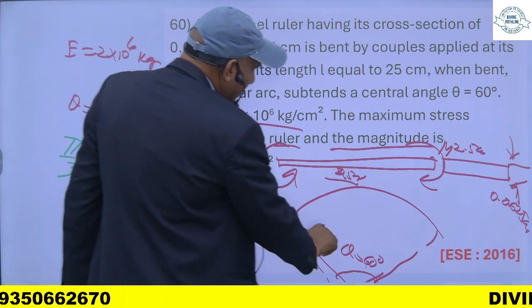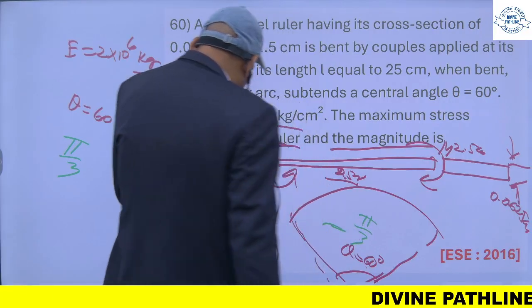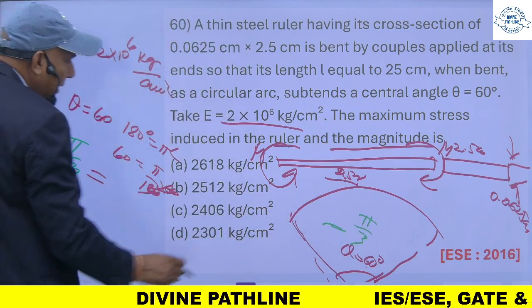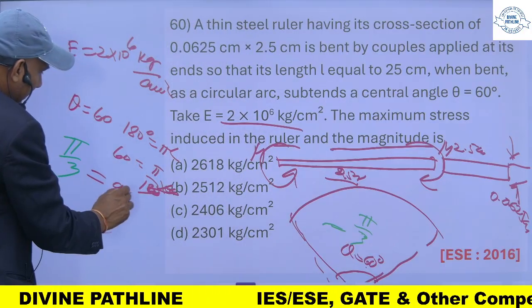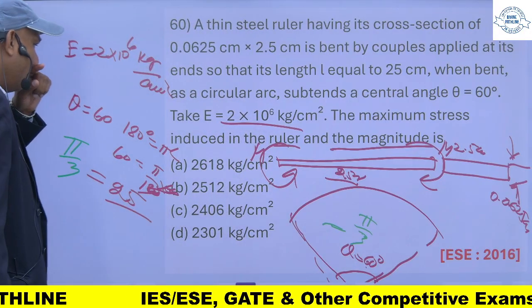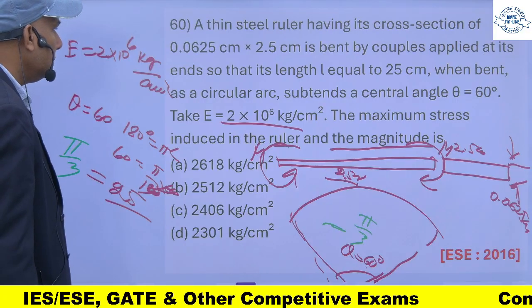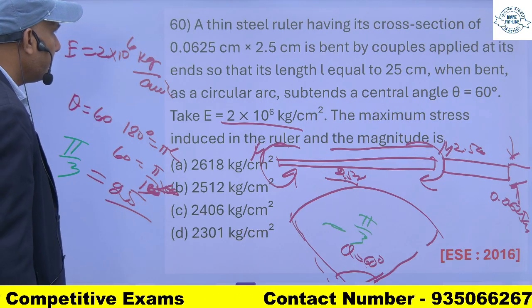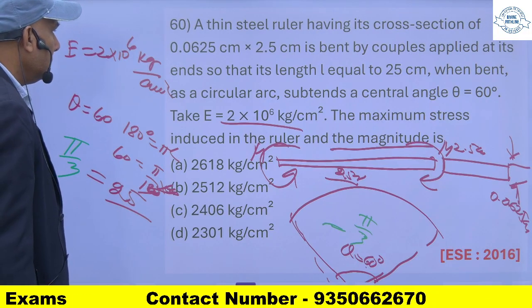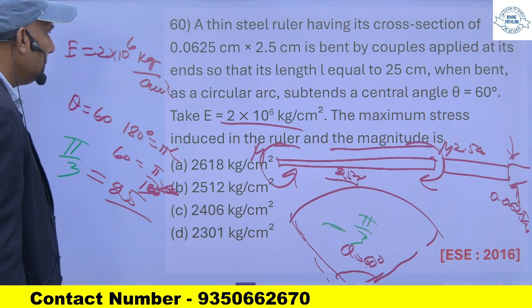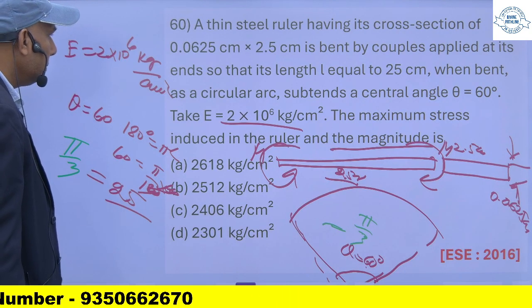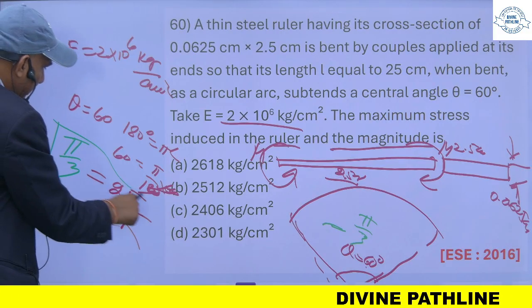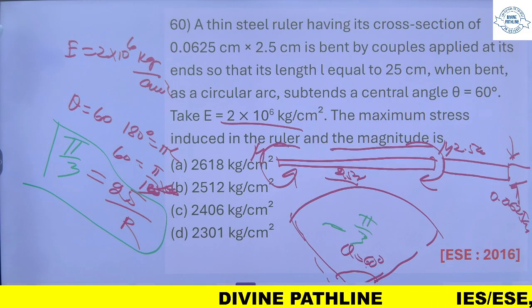Now theta, pi by 3, is equal to L upon R, where L is 25 centimeter. So this is one equation: pi by 3 is equal to 25 upon R.